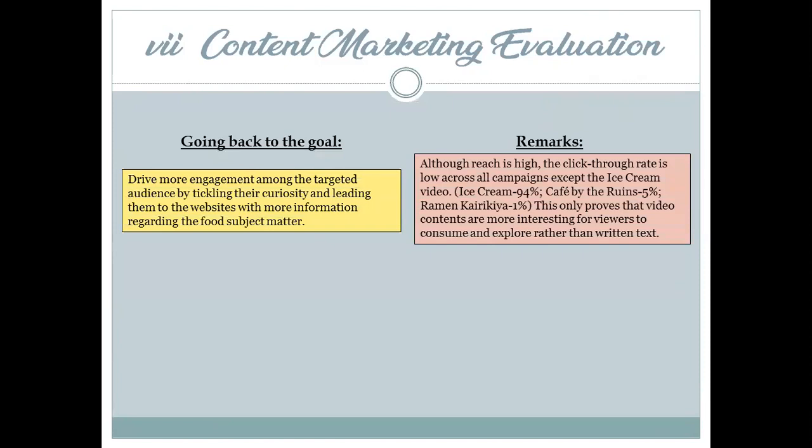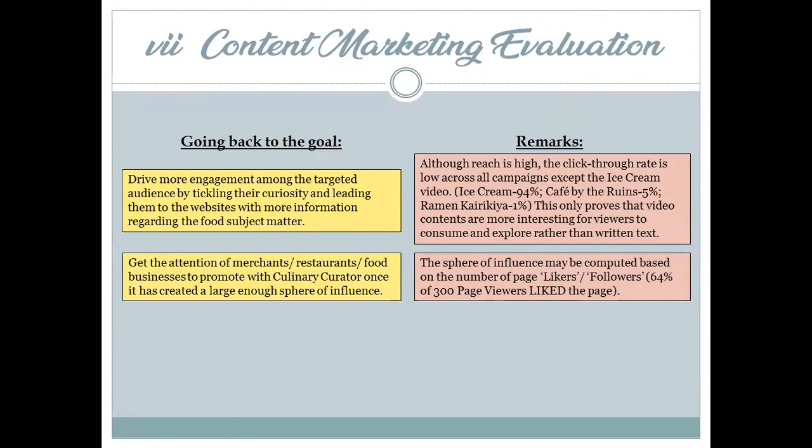Although reach is high, the click through rate is low across all campaigns except for the ice cream video, which received 94% engagement. This only proves that video content is more interesting for viewers to consume and explore rather than written text. In terms of getting the attention of merchants, which is rather a futuristic goal, food businesses would promote with Culinary Curator once it has created a large enough sphere of influence.